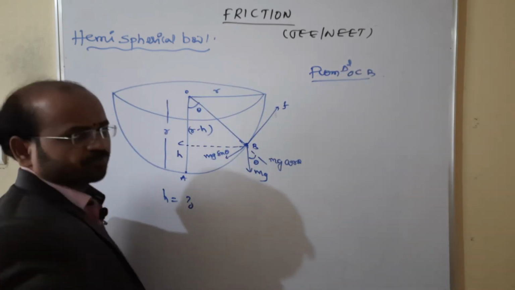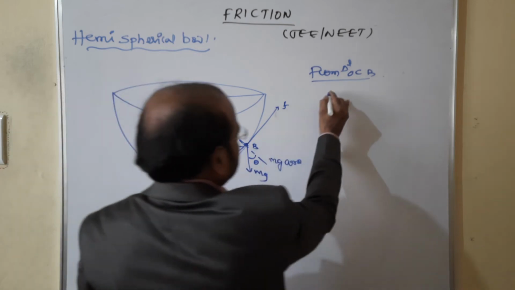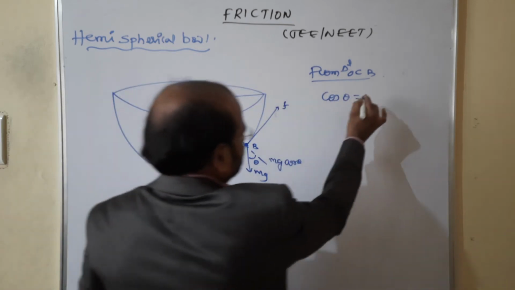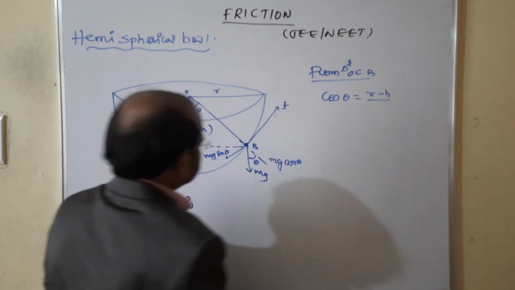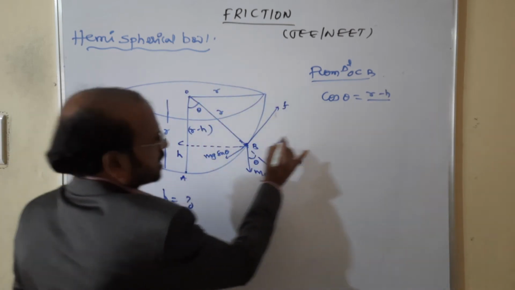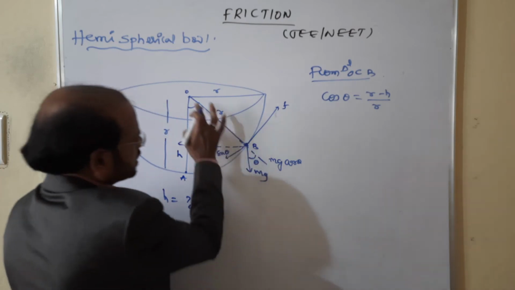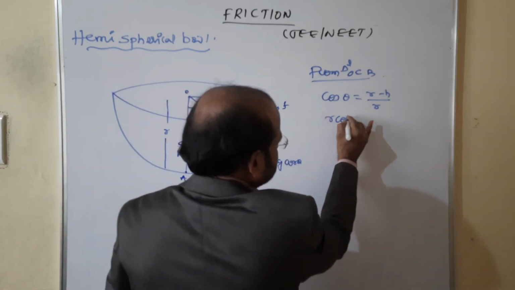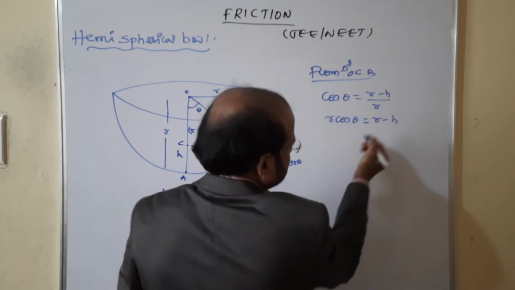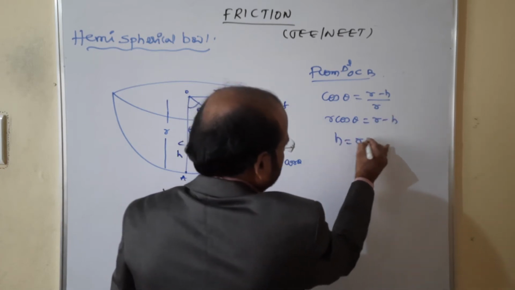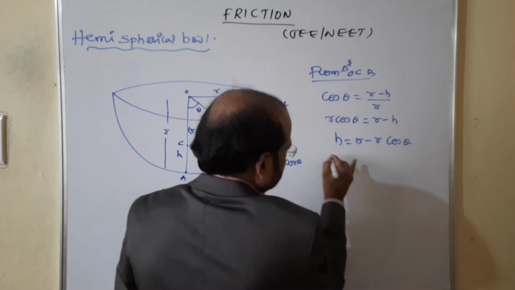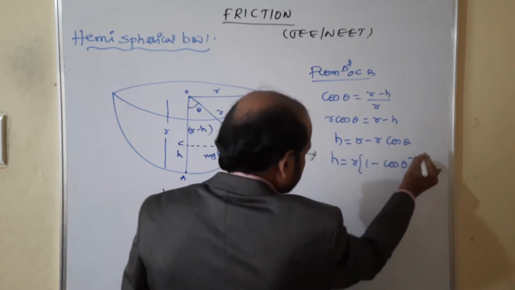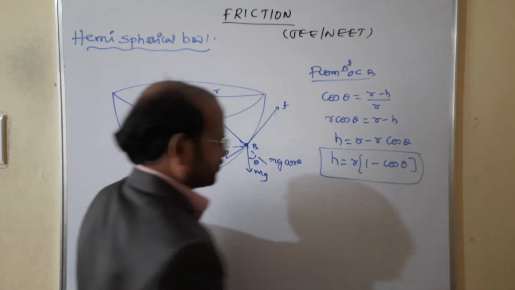Use this triangle: cos theta is equal to adjacent by hypotenuse. The adjacent is r minus h, and the hypotenuse is r. So r cos theta is equal to r minus h. Now h is r minus r cos theta. Then h is equal to r of 1 minus cos theta. This is the height the insect reaches.